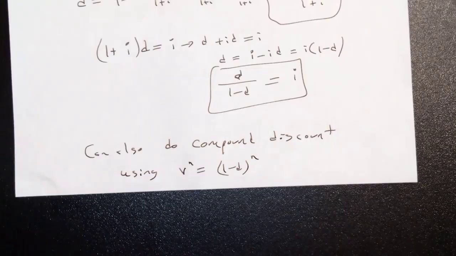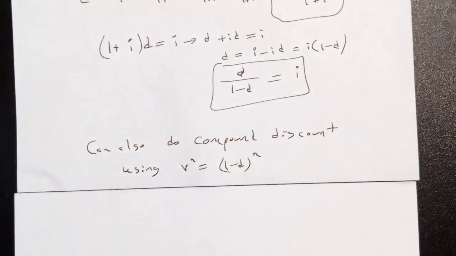And I can say, I want to do this with a discount of 10% compounded quarterly. Wait a minute. If my discount is 10% compounded quarterly, I'm going to have to divide by 4. And then I need an effective annual discount rate, right?